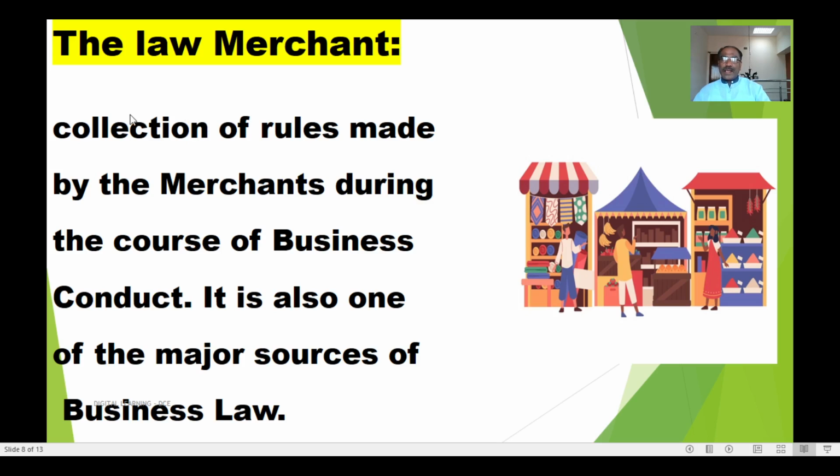When settling case disputes in court, some principles, some rules and regulations are observed by the judges, and keeping those principles in mind, they collect some principles.